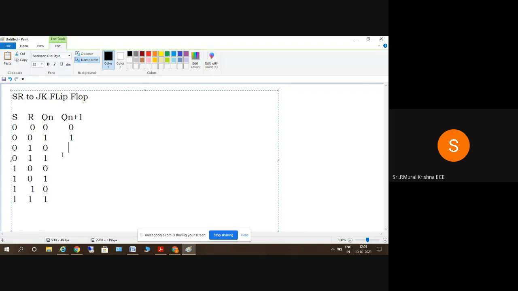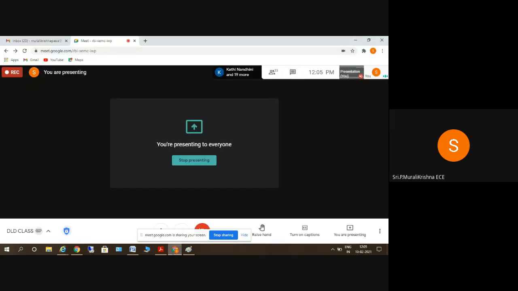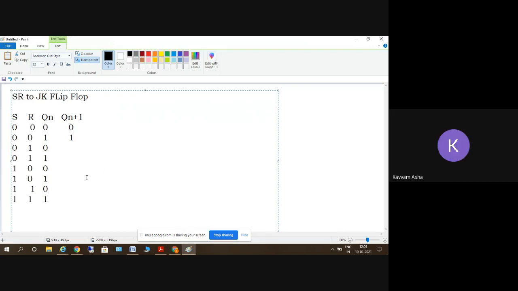What is the output? 0, sir. So elaborate the truth table. I told you, right? We'll check the values of S and R. For S and R equal to 0, it is Q of n. For SR 0 1, it's a 0 irrespective of the value of Q of n. Next, 1 0 gives 1, 1 1.